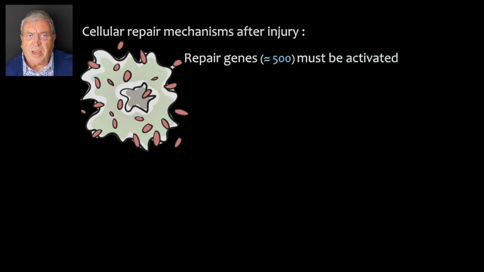How do the cells repair after injury? We need to activate the repair genes in the cells. We have almost 500 genes specifically, exclusively dedicated to reparation.